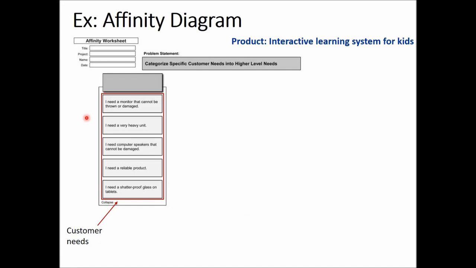So it has to be robust and reliable, with shatterproof glass on a tablet, for example. Likewise, there are some customer needs like that. You can put all these customer needs together and categorize them as a heavy duty category or indestructible category. That is the high-level need at this level.